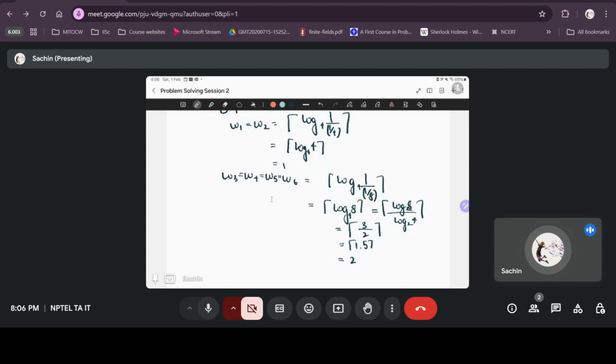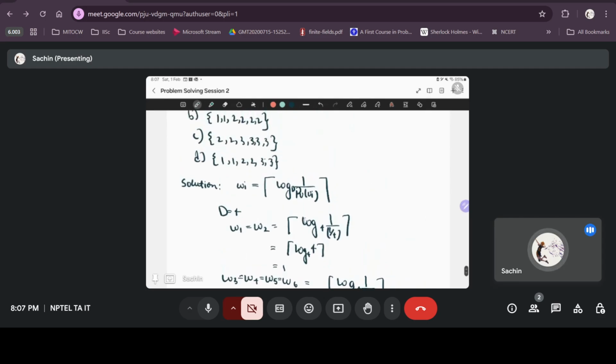But here W's are actually lengths, and lengths are integers. Lengths in the sense these are the number of bits or the number of symbols from the output alphabet that you need to use. So the number of symbols is always a whole number. You can't really use 1.5 symbols. That's why you need two symbols. So the correct answer is option B.